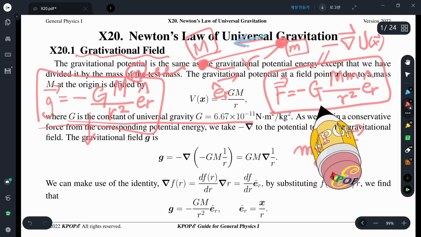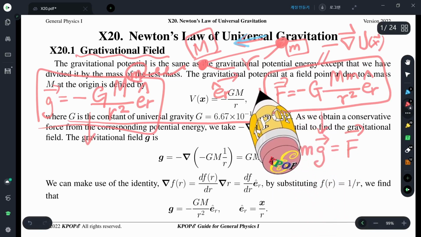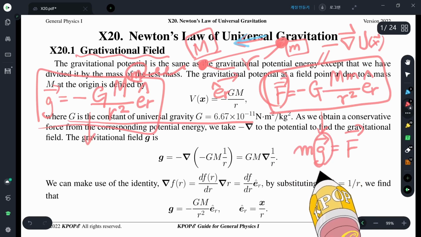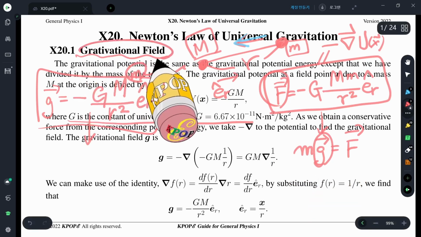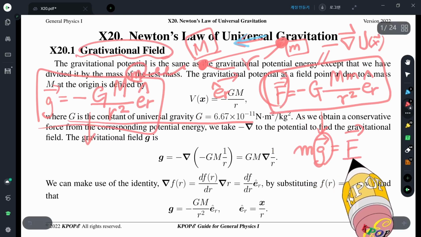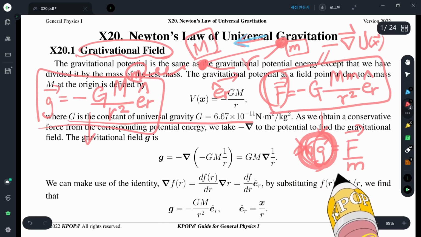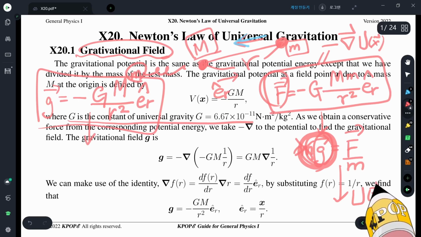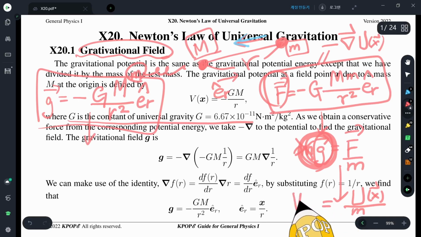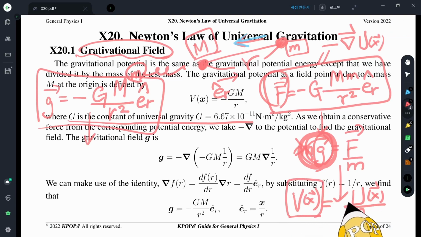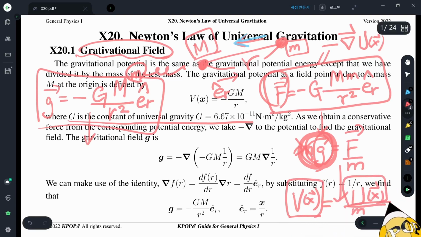Just like what we have done with the gravitational acceleration, that is the gravitational field, where we divide the force by mass m to find the gravitational field, we divide the potential energy by the test mass to find the potential. So the gravitational potential is defined to be the gravitational potential energy divided by the mass of the test particle.